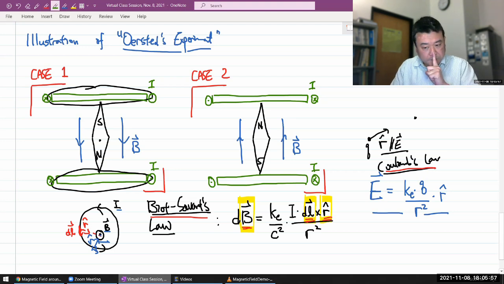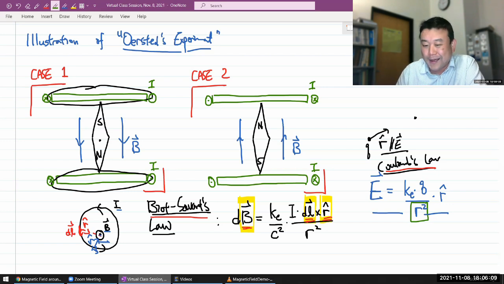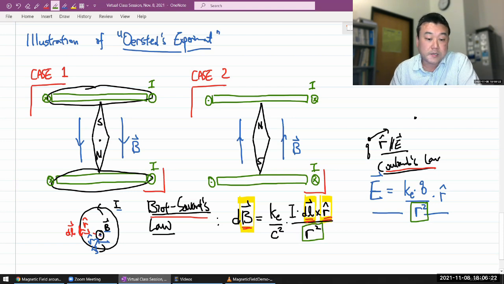Because one of the similarities I can note is Coulomb's law was an inverse square law. And even though this gets buried in detailed derivations from time to time, or most of the time, Biot-Savart's law also describes the magnetic field as an inverse square law. The reason this inverse square nature of magnetic field is not always apparent is it's kind of wrapped in here.